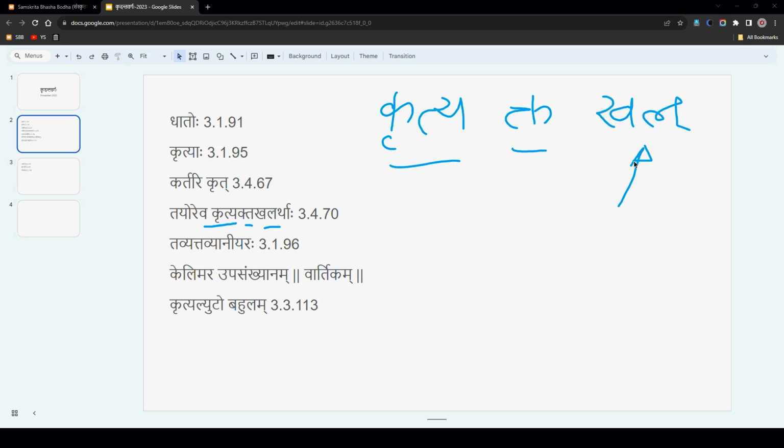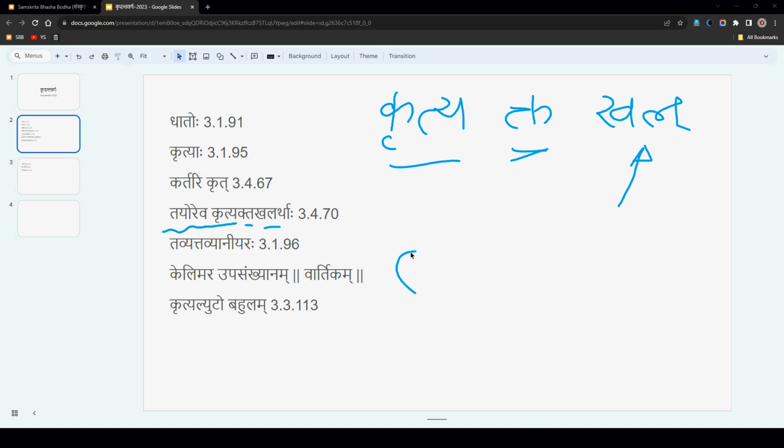Okay, what is the khal sense we'll see later. But krutya pratyayas and kta pratyaya we know already, right? And then khal, the pratyayas which are applied in the sense of khal, these pratyayas are used in tayoreva.